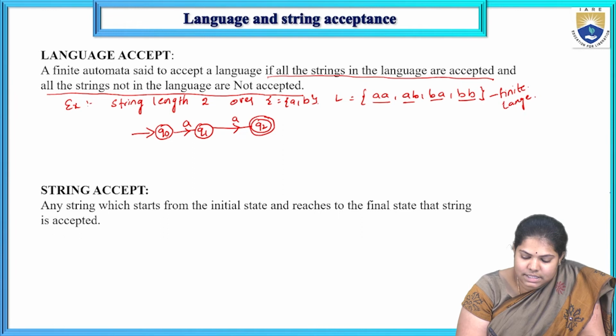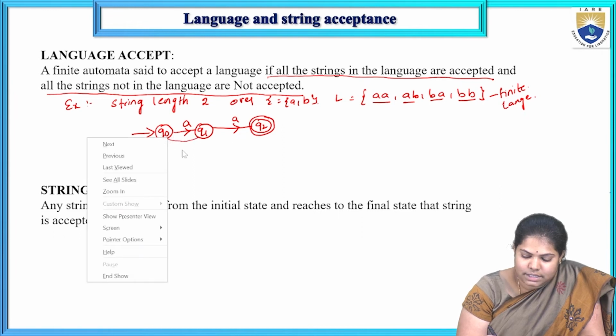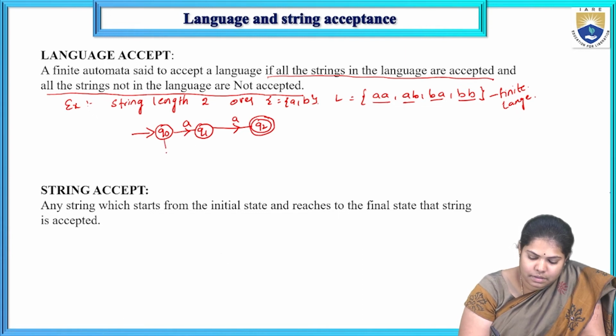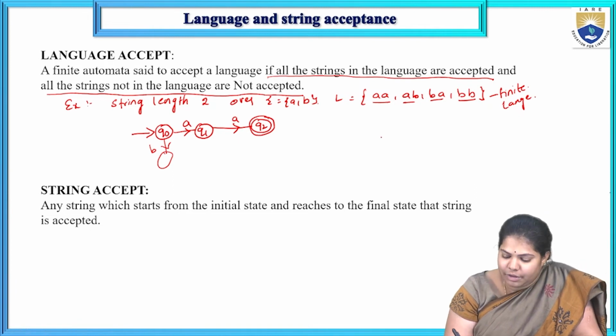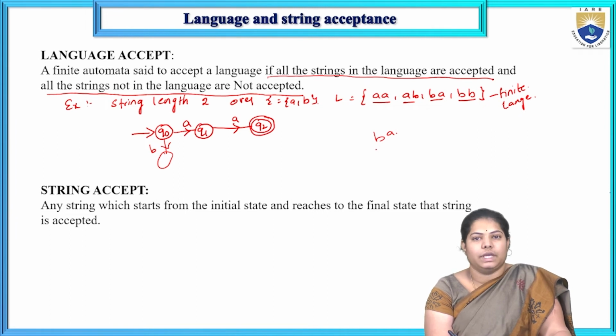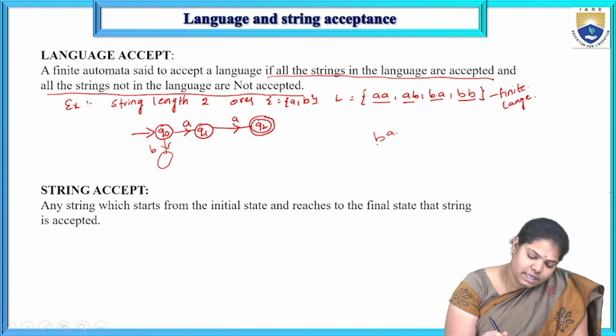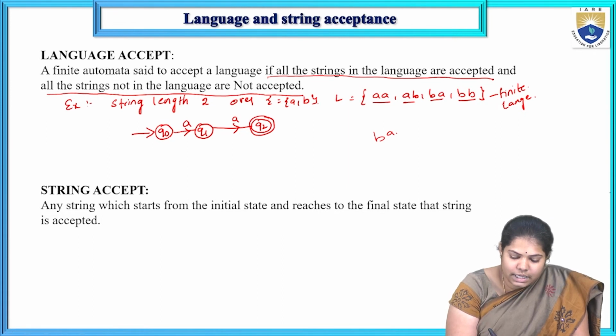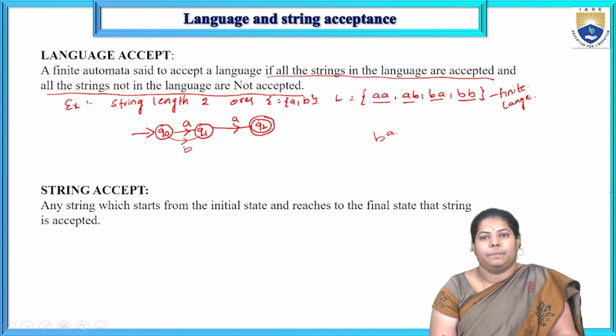Or else, can I send it to the dead state? If I send it to the dead state and want to execute the string ba, I can't execute it, so the dead state is also rejected. The only option I have is sending it to the next state with b.